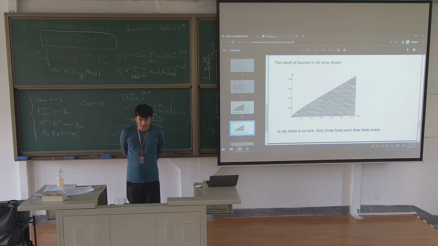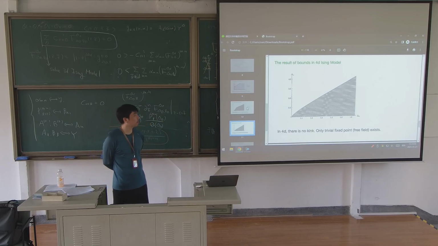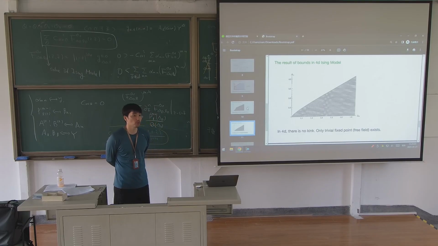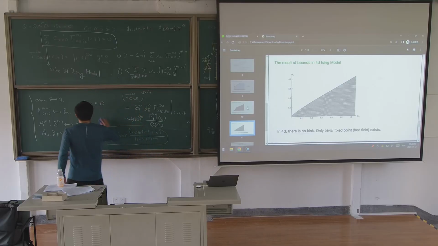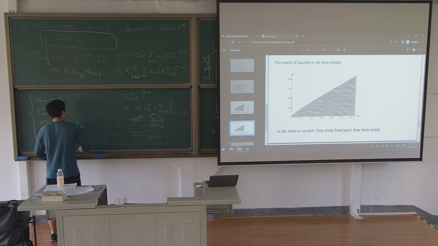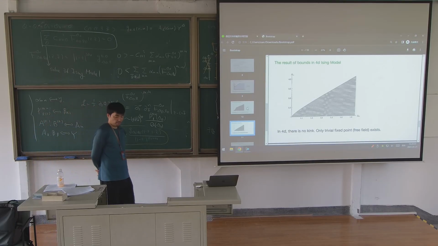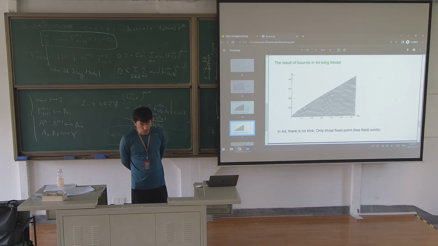So this means that the fixed point for the Ising model is in fact a trivial fixed point, which means that the CFT is really the free CFT. So if you do the Lagrangian description, the Lagrangian is something like 1/2 (∂_μ φ)². This is a free field Lagrangian. And in fact, in 4D, this is the only fixed point you can encounter.